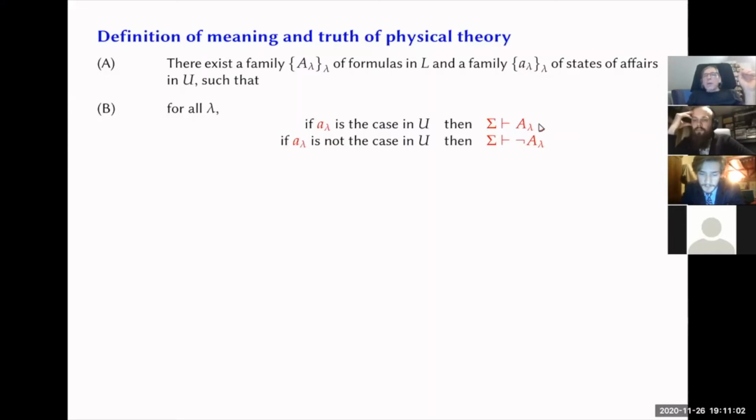But now we have to take into account, here I turn on, so to say, my physical formalist approach to philosophy of mathematics, okay? So according to my physical formalist understanding of mathematics, of formal systems and so on, sigma entails capital A lambda.